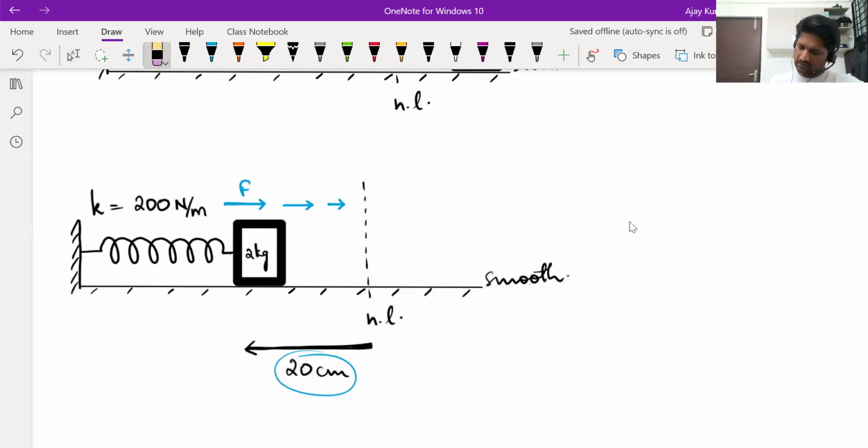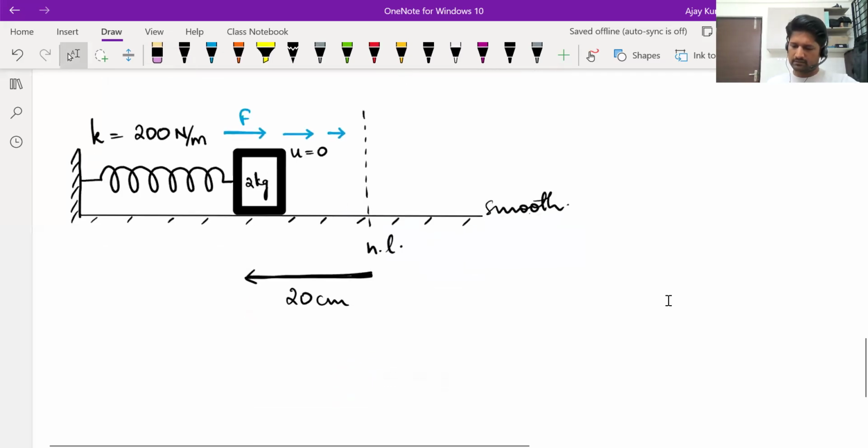So the spring was initially compressed by 20 centimeters and the block is released from rest. Initial velocity of the block is 0. So you know the block is going to move forward, the spring will relax.